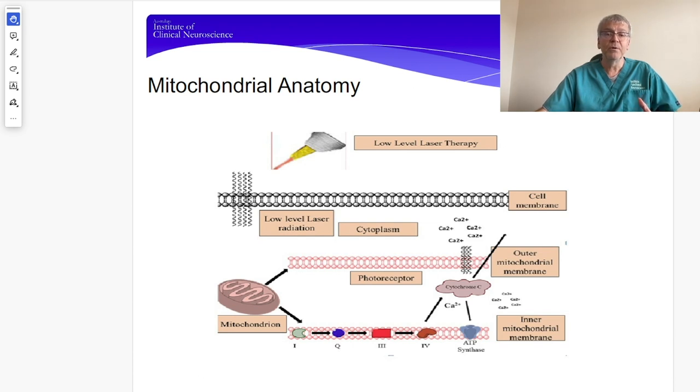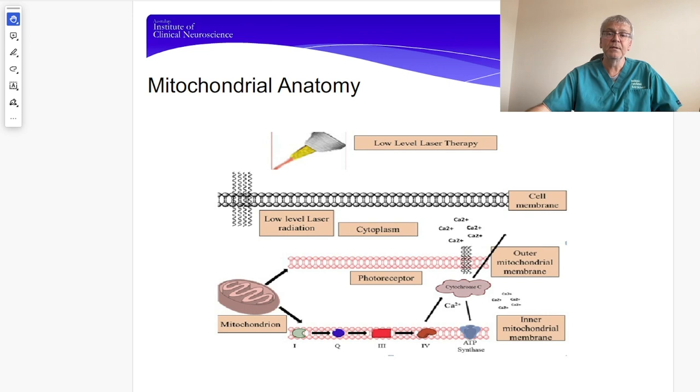And between the two, we have this space which is highly concentrated with a variety of different ions, mostly calcium, but other ions also.